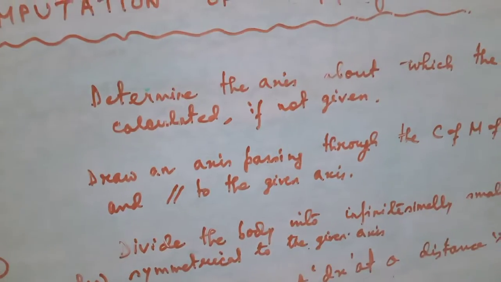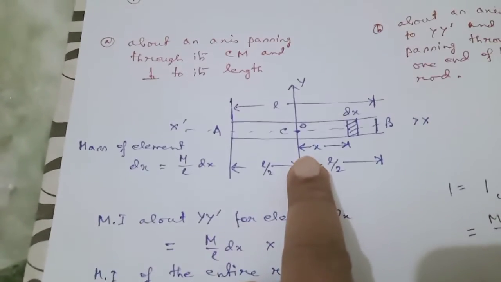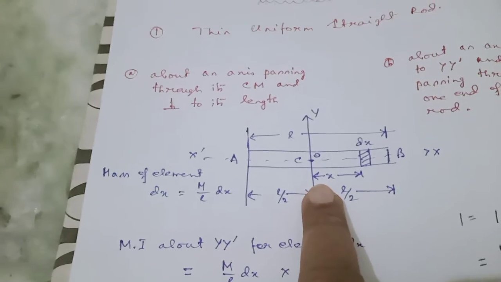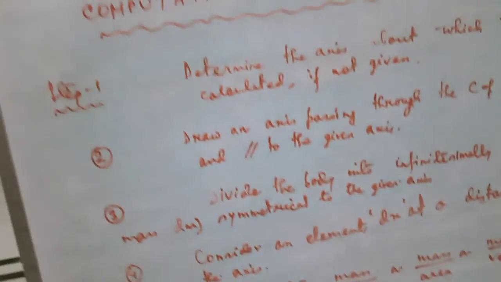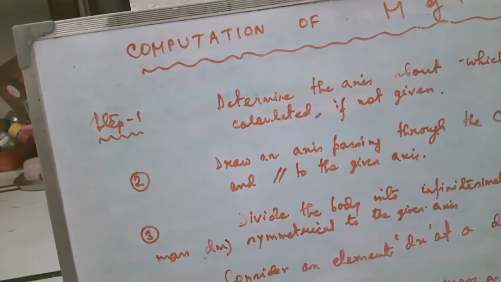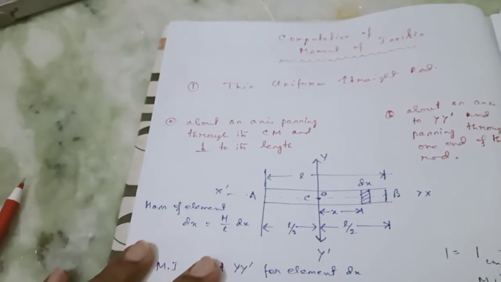Now step 1, determine the axis. Here it is given. It is passing through the center of mass. Step 2, draw an axis passing through the center of mass of the body. Here the axis is given and it is itself passing through the center of mass, so no problem.